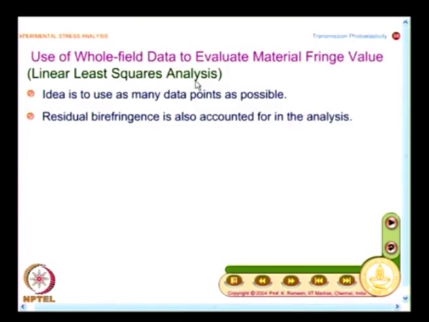And the credit to introduce these kind of methodologies goes to Professor Sanford. He was the first person to initiate this kind of a thinking in experimental mechanics.